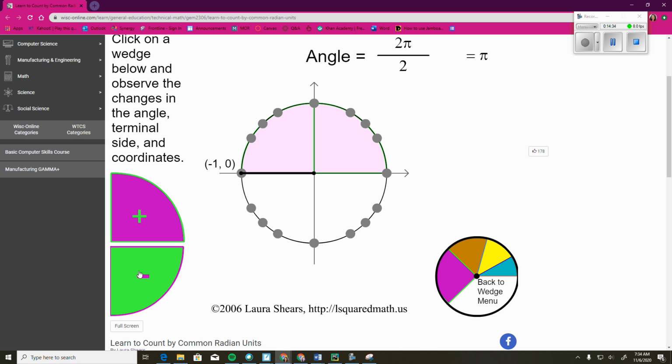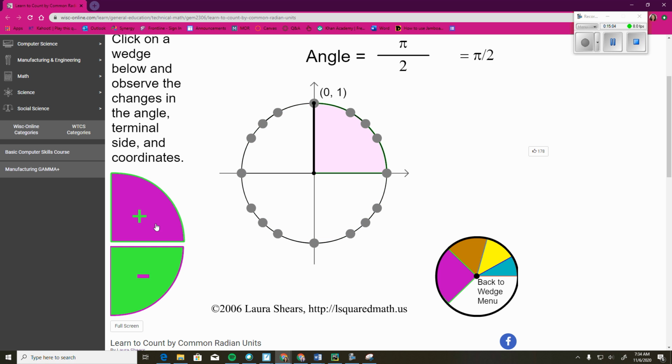It's just kind of like counting fractions. I have 1/2, 2 halves, which makes 1, 3 halves, 4 halves, which makes 2. I can keep counting, and I'll finally get up to 3 pi. So 5 halves and 6 halves. There we go, 3 pi. So 6 halves gives me 3 pi. That's right here on the unit circle.